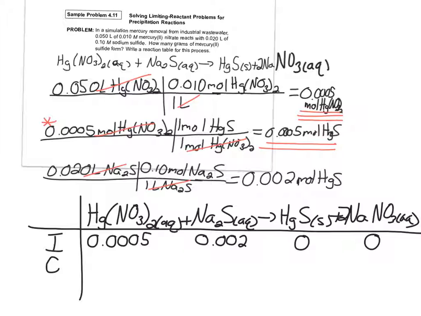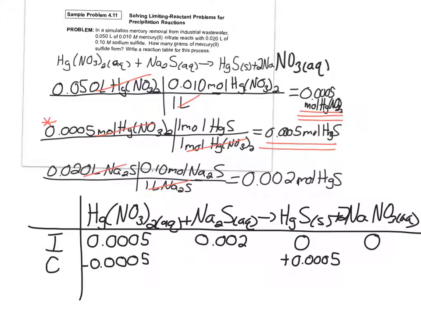So let's see. By knowing mercury nitrate was my limiting reagent, I know that I used up all of that. So I'm going to put minus 0.0005. I don't know how much sodium sulfide I used up because I'm still going to have some of that left. So I've got to figure that out here in a minute. I know that I can make plus 0.0005 moles of mercury sulfide.